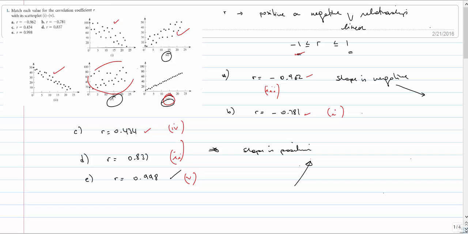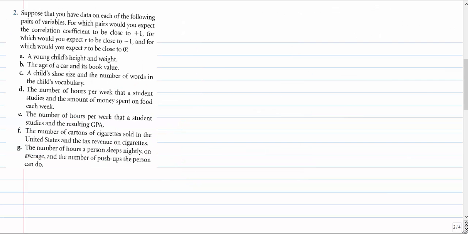All right, so next, suppose that you have data on each of the following. For which pairs would you expect the correlation coefficient to be close to +1, close to -1, and for which would you expect R to be close to 0? So if I look at A, a young child's height and weight, I would say close to 1.